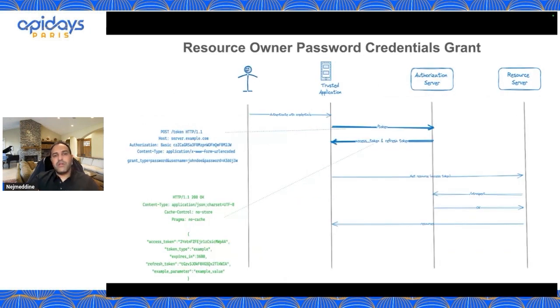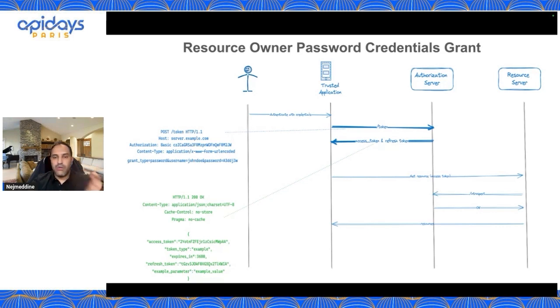For the resource owner password credential, you make a call on the same /token endpoint on the authorization server. What is different from the client credential is that after authenticating the user using a trusted application, from the application you make the call to the authorization server.